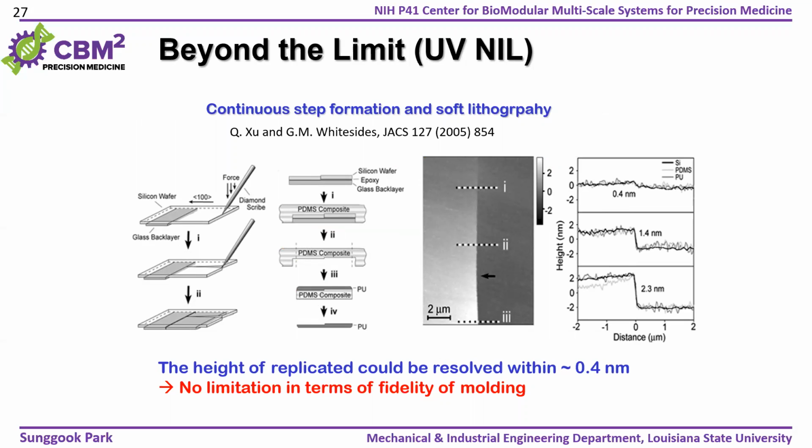I will not discuss it in detail, but basically for UV resin, there are no limitations. So there's no limitation in terms of the feature size that you can produce by UV nanoimprint lithography.